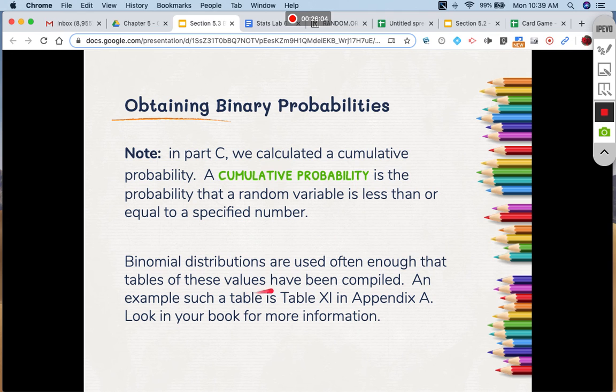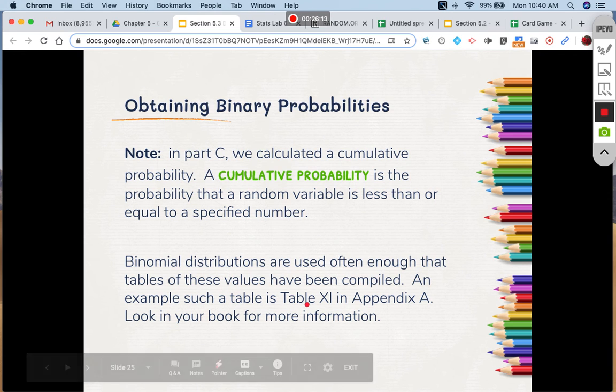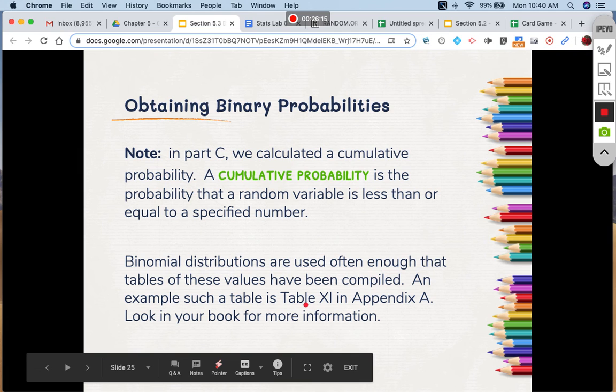It gives you all of these based on your parameters of n and p. Because again, n and p are all that matters. How many trials are there? What's the probability of success? Every time you have the same n and p, you're going to have the same distribution. So we can make up these tables and just look it up and not do all these calculations. Kind of nice, huh?